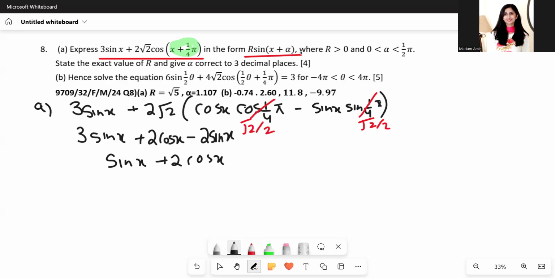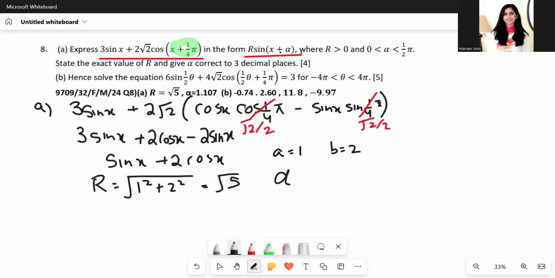Now we can apply our method identity on it. We know that A is 1 and B is 2. So R is square root of A square plus B square. So 1 square plus 2 square would be under root 5.